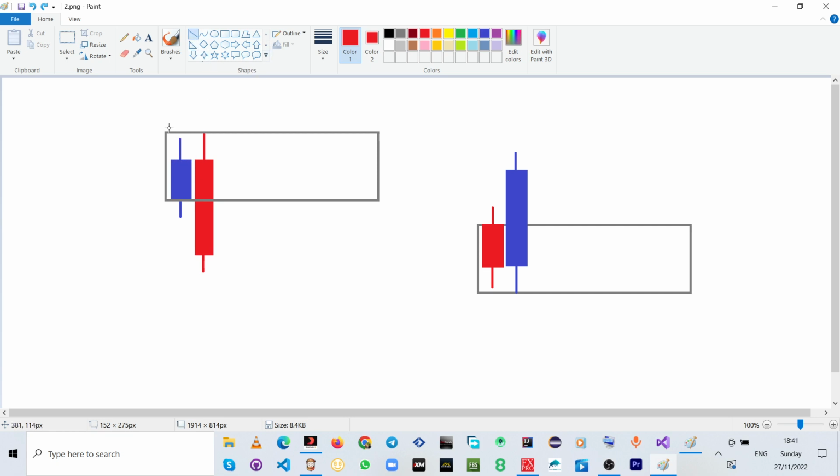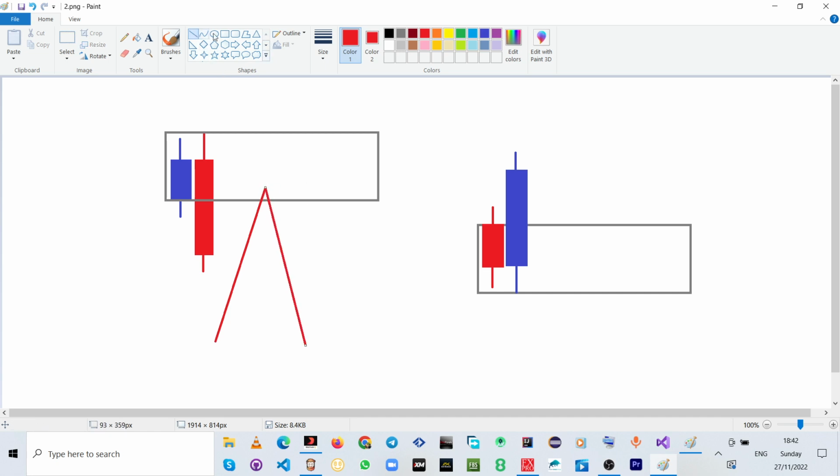So then you draw your zone just the way I have drawn it here. Then you wait for price to come and reject from the zones that you would have drawn right here, like this.